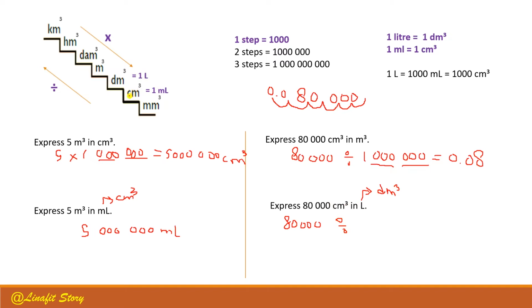How many steps? Just 1 step. So divided by 1,000. 80,000 divided by 1,000. There are 3 zeros. 3 steps to the left. 1, 2, 3. So the answer is equal to 80 liters.